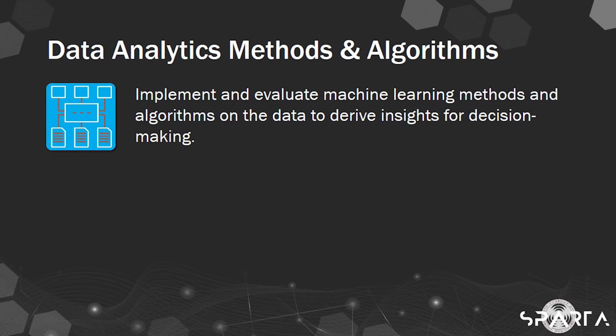With data analytics methods and algorithms, you implement and evaluate machine learning methods and algorithms on the data to derive insights for decision making. This is again the area of data scientists.